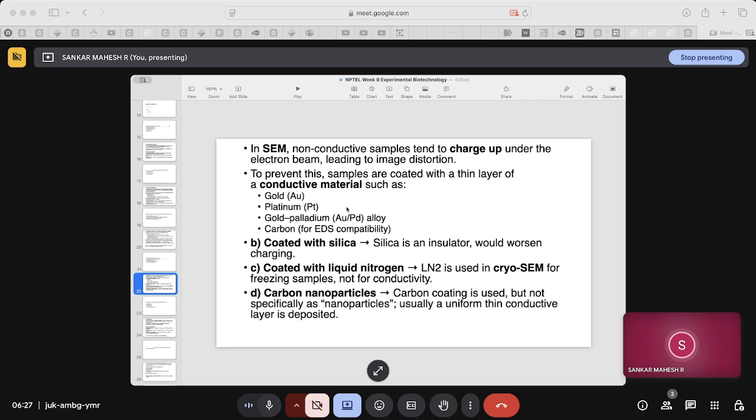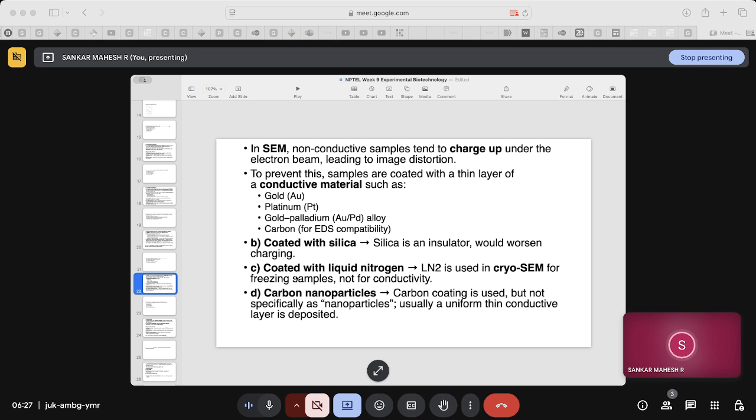In SEM, what we want is to see if the surface morphology could be captured. Even if we coat it, as long as the thin coating is evenly distributed, we'll be able to get the morphology. And it is conductive because we use these electrons.